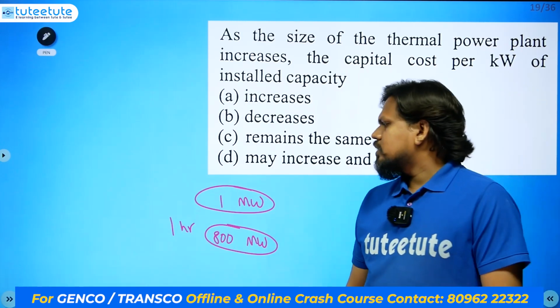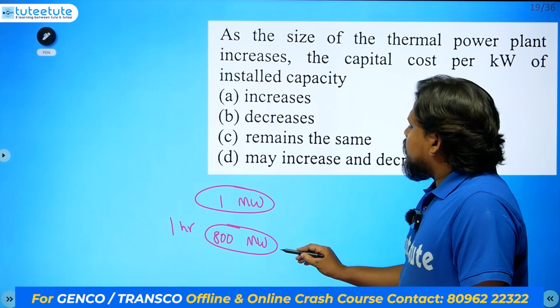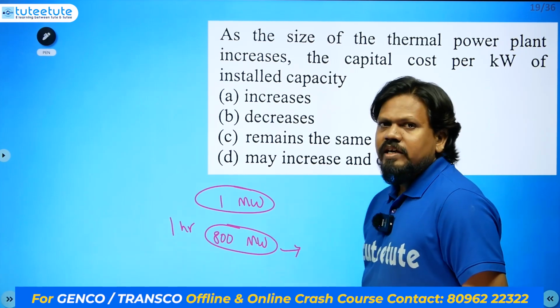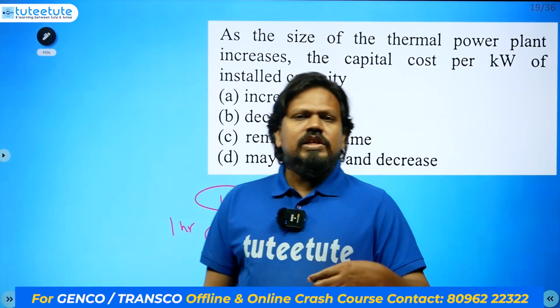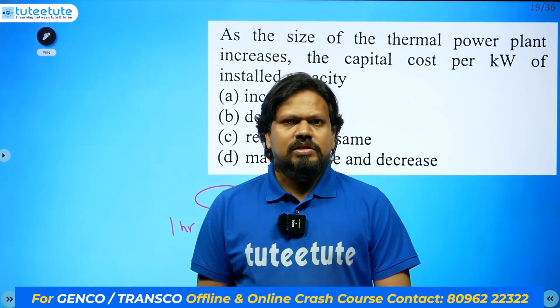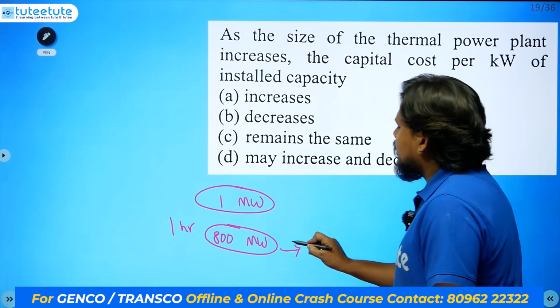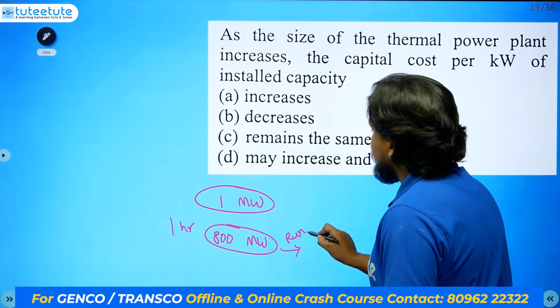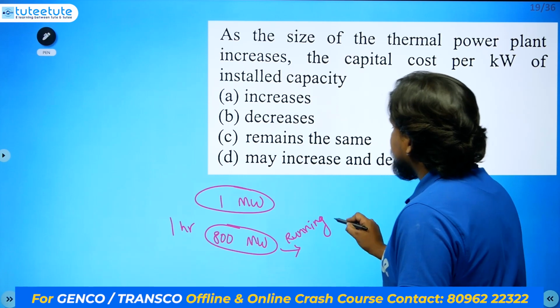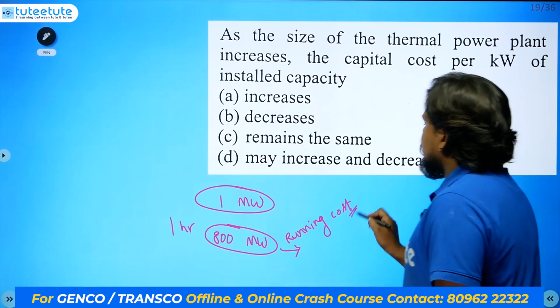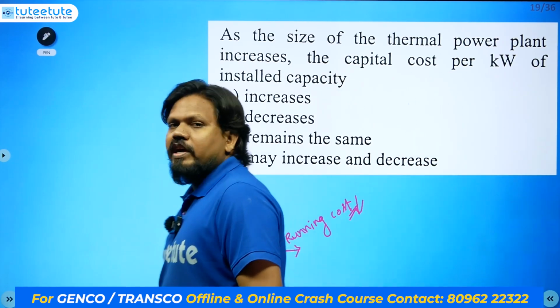So here more energy is there, so we can easily manage the losses. Losses will be the running cost, so we can easily call it running cost. Because losses are less, the running cost is less in the higher power rating plant.